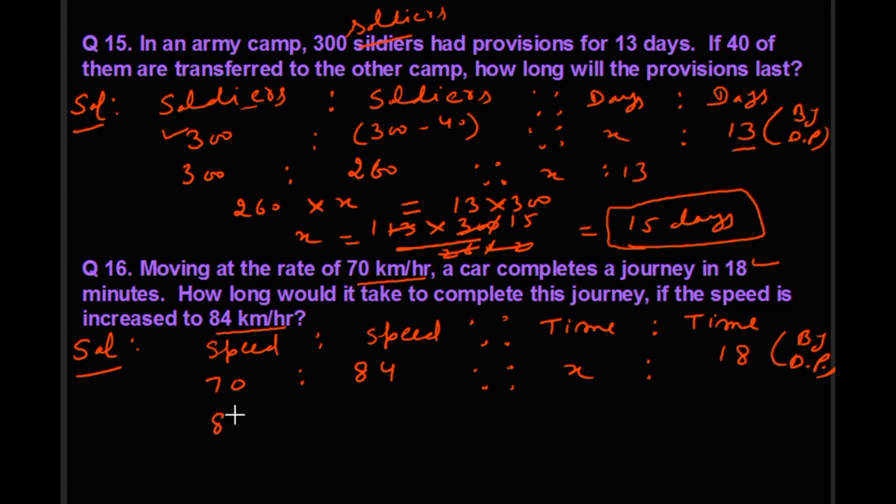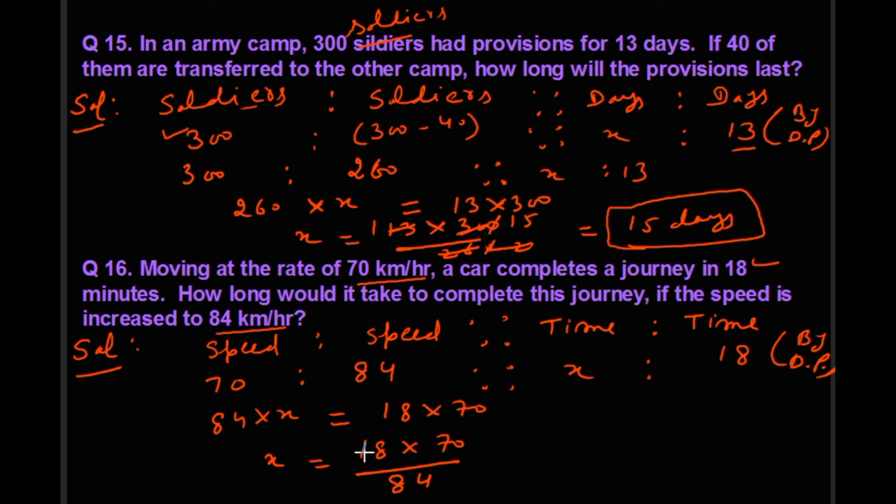Now product of means, 84 multiplied by x would be 18 multiplied by 70. x would be 18 multiplied by 70 upon 84.